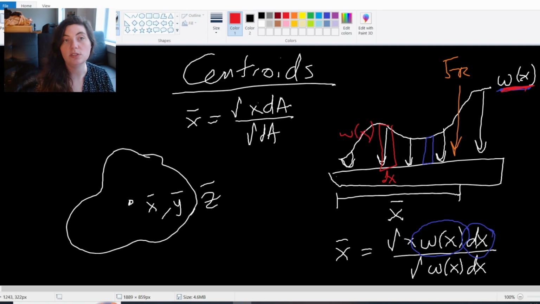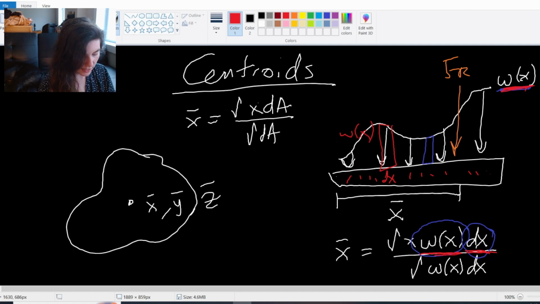So our dA was still a dA, this was an area, right? w(x) times dx gives us the area of that little rectangle there. And then you're integrating over all of these little rectangles all throughout your distributed load here. So that what we were finding is that this equation is still true, it's just a more specific version of what we were using. So now we're going to back it out and say, let's look at more generalized views for more generalized shapes, right?